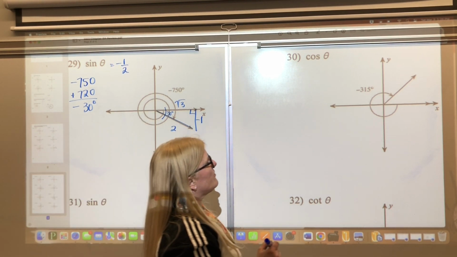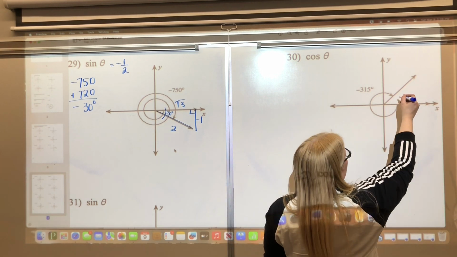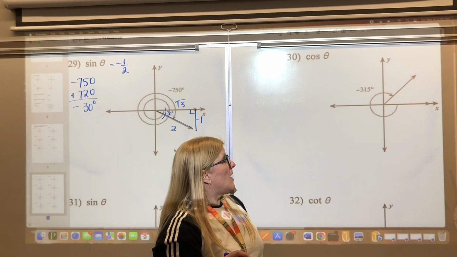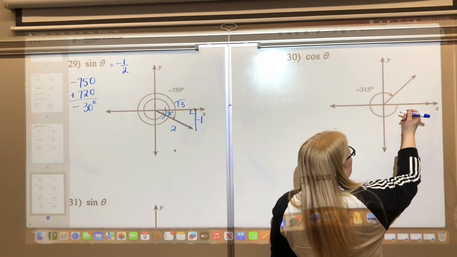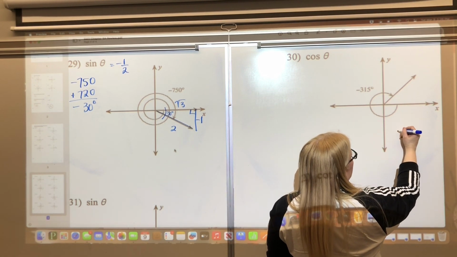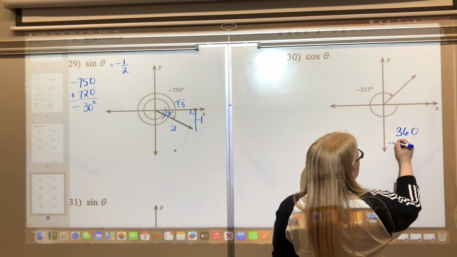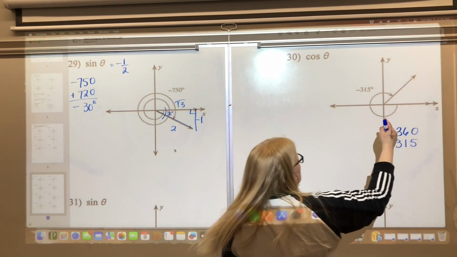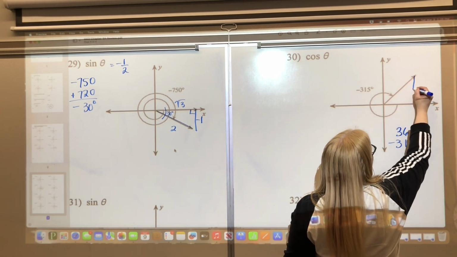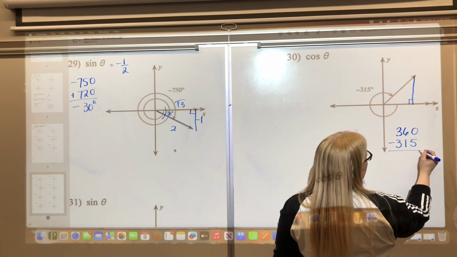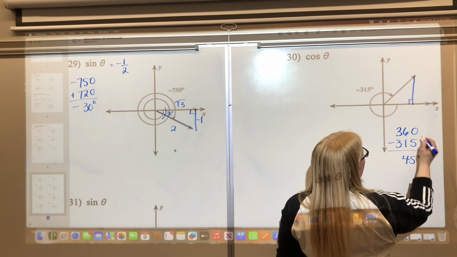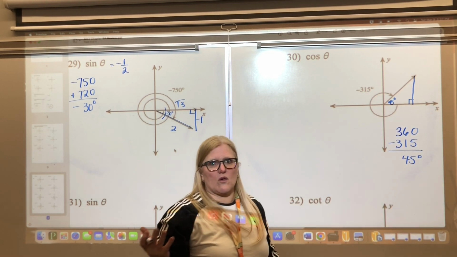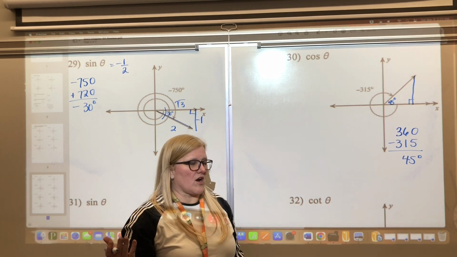Okay, negative 315. Finally. Okay, finally. If we add 360 to it, to get our reference angle, it's 45 degrees. Okay, so that gives us this right there. This is the only 45 degree angle we've gotten so far.